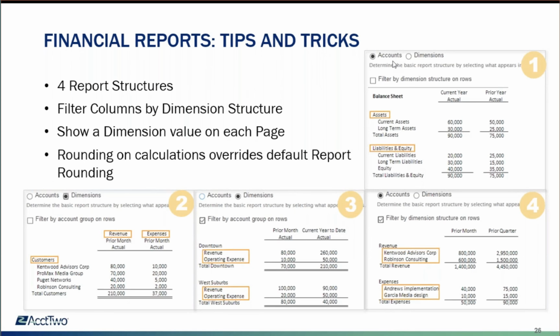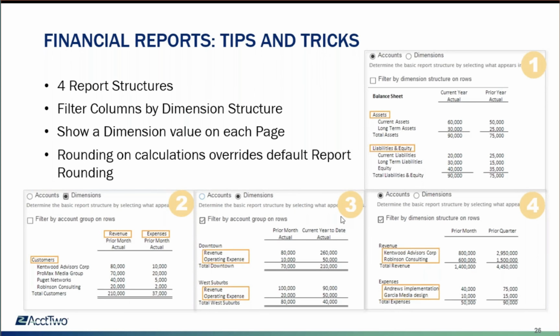The third option on your screen takes a dimension on the rows and filters that by an account group. So in essence, you get a subset of a given dimension, filtered by a subset of your GL accounts.